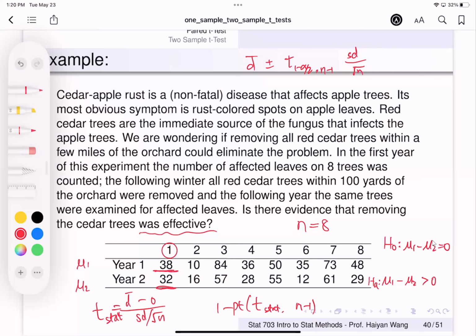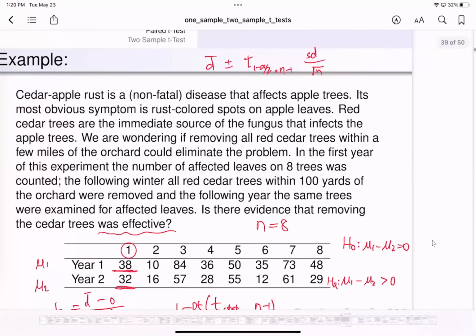With the confidence interval, we see whether it contains 0, or actually in this case, because we are asking about effectiveness, we could do a one-sided confidence bound. We just need to find the lower bound and see if it is bigger than 0. If it is, that means it's effective. But if we have already computed the confidence interval, we check whether 0 is inside the interval or not.